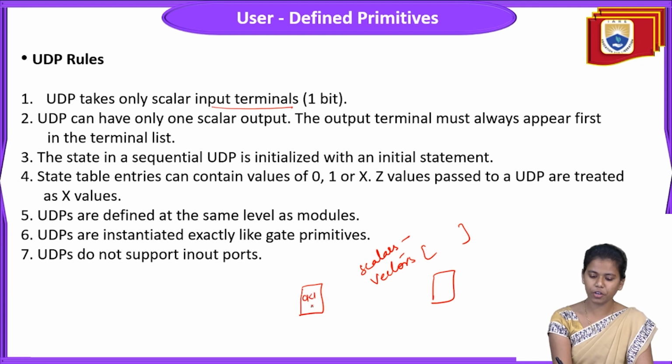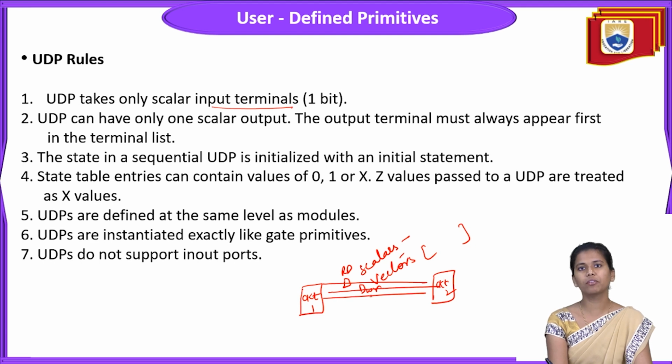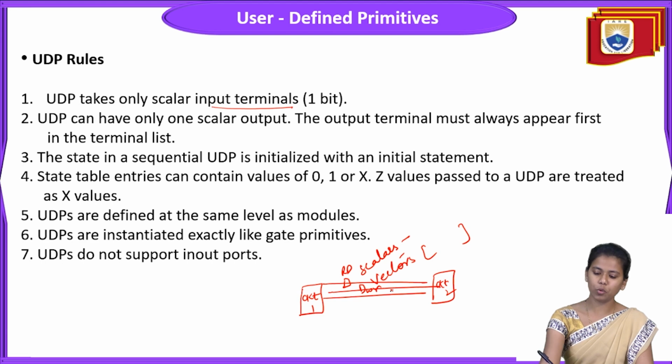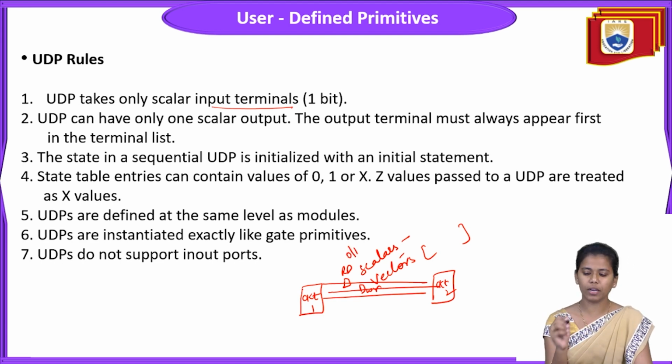So if we have a circuit 1 and a circuit 2, we can read the information and also write the information. Reading and writing are carried out with one bit of information, either 0 or 1.